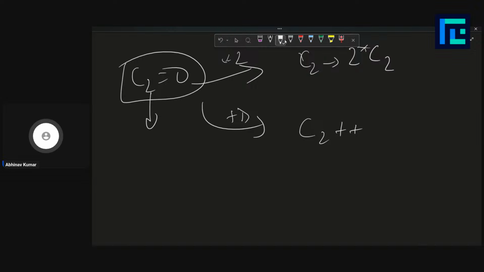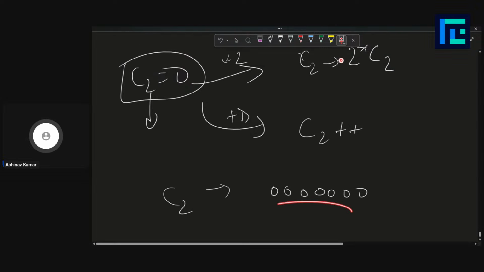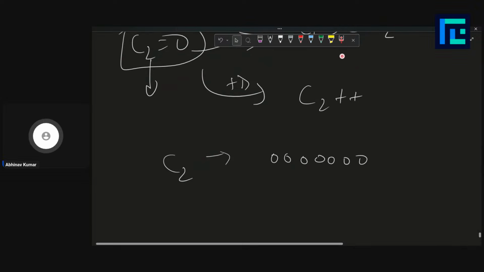So if you look at this C2 in binary, then you start with 0. Whenever you multiply by 2 initially with 0, there's no effect. But whenever you do the second type of operation, you change the first bit to 1.